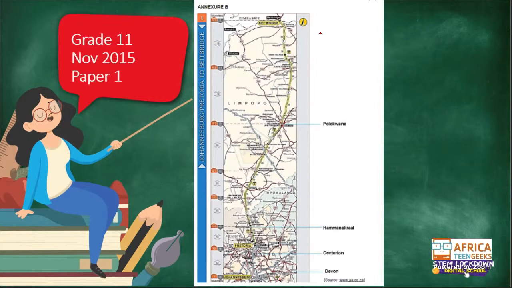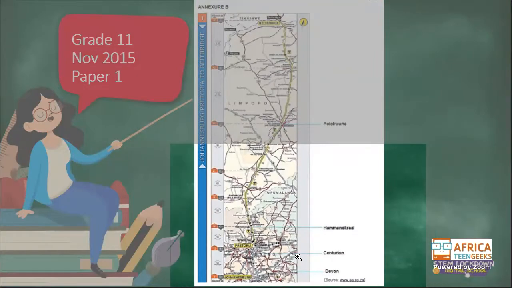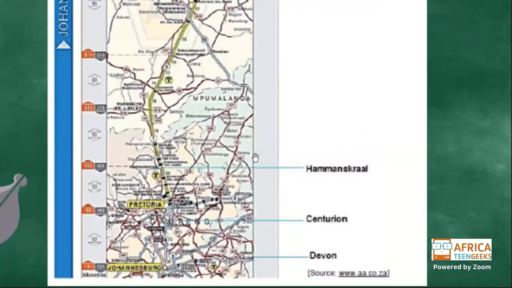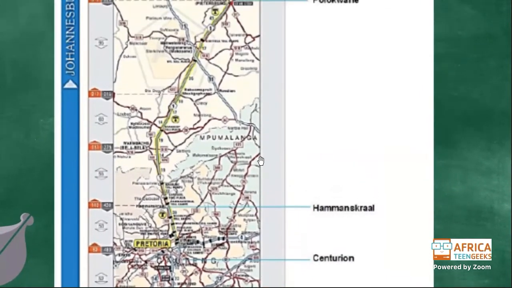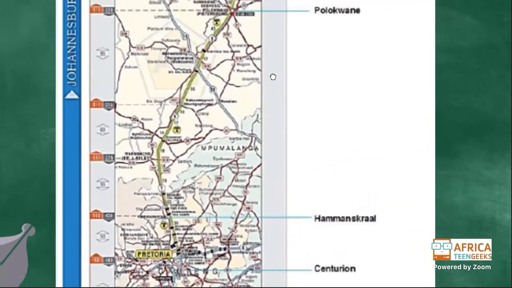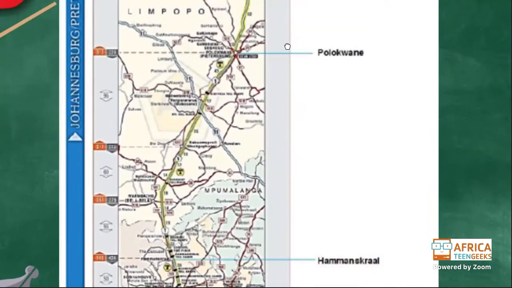Which road has the most toll plazas, and how many toll plazas are on that particular road? Maybe this will help you a bit. It may help you a bit. I'm just gonna move up slowly. Maybe give you guys time to count those 12 plazas.